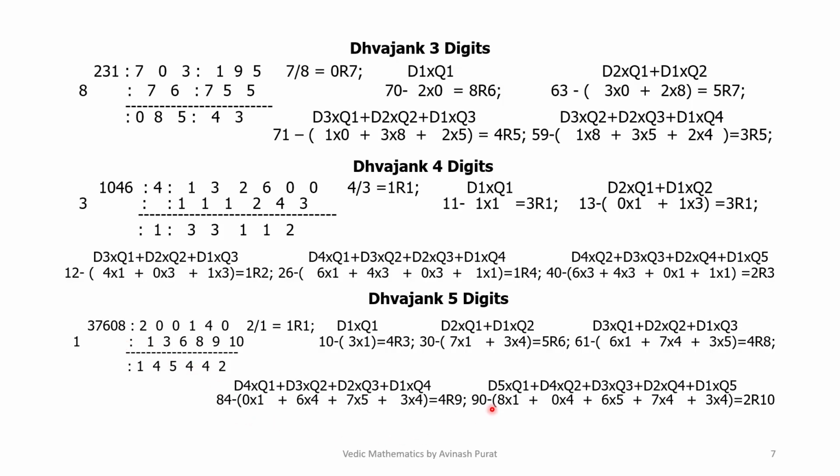So 90 minus 8 into 1 plus 0 into 4 plus 6 into 5 plus 7 into 4 plus 3 into 4. That gives us 2 quotient and 10 remainder.